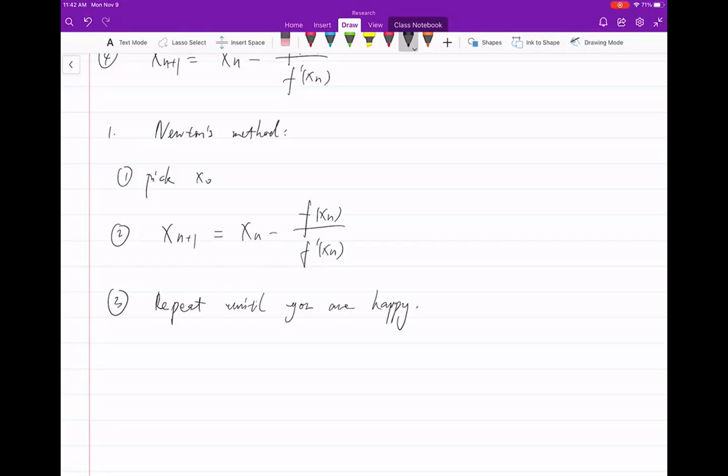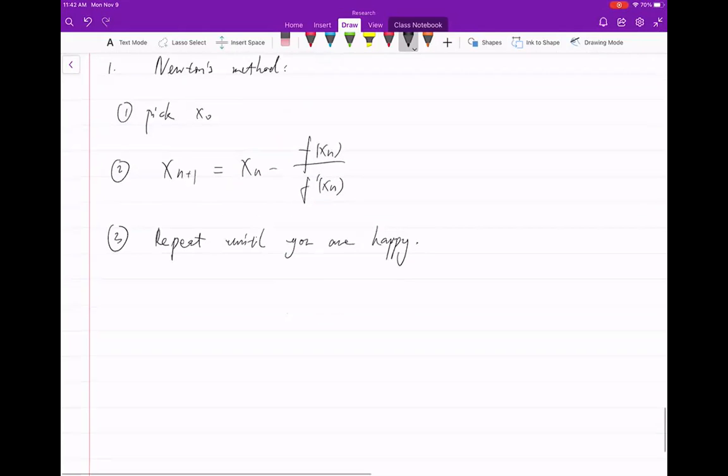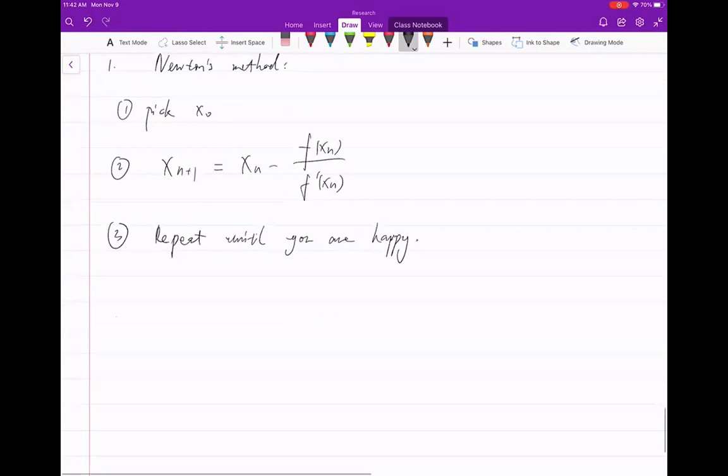Technically, you should repeat until this converges, but we haven't defined what we mean by converge yet. So just repeat until you're happy. Later, we will show how to decide if you're happy or not. Pretty ironic, but yeah, we have a way. Sounds good? Let's see an example.